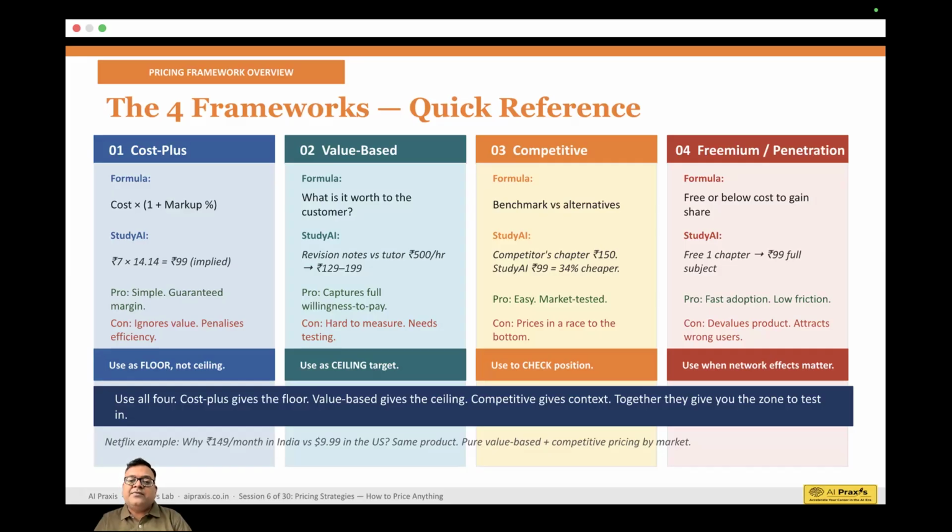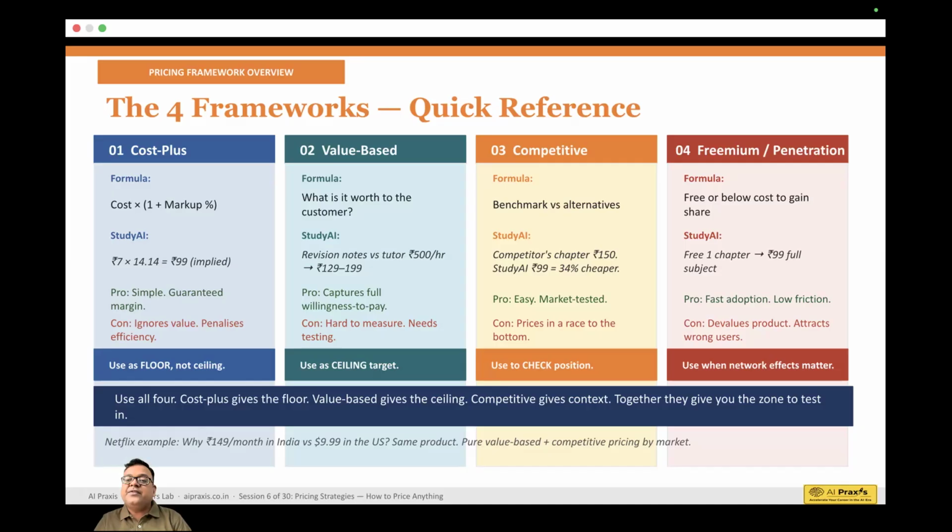Their chapter is 150 rupees, but Study AI is 99, 34% cheaper, more valuable than them. The pro is it's easy and market tested. The con is prices in a race to the bottom. So you need to check this position.